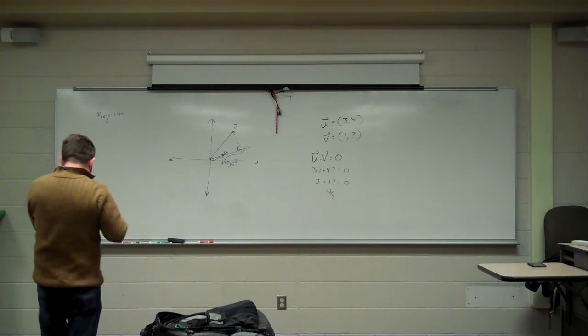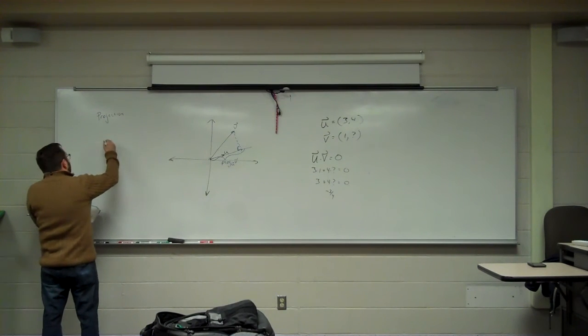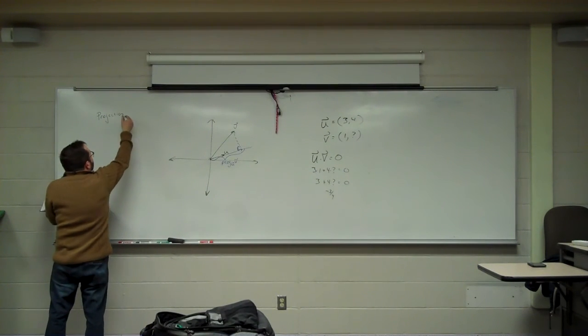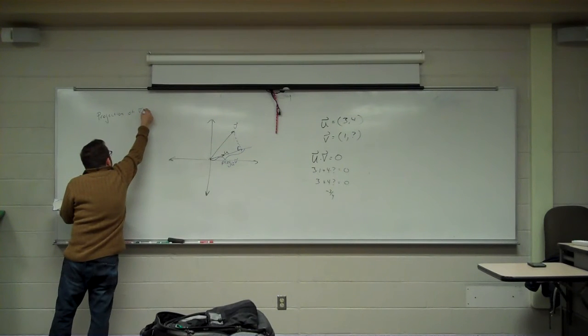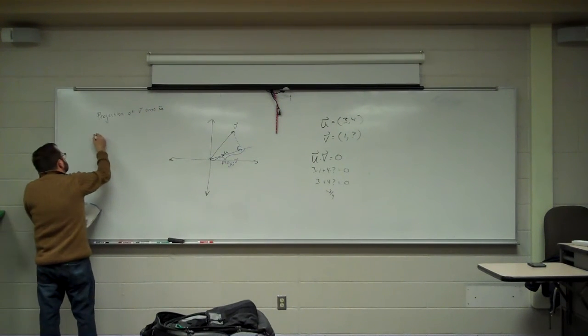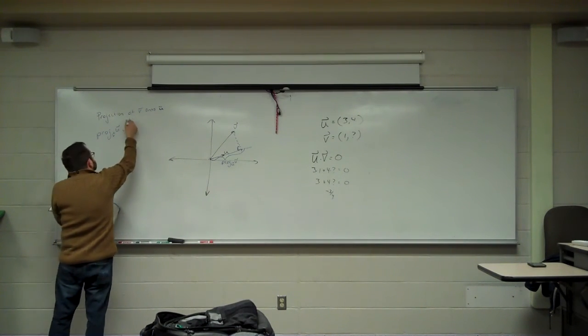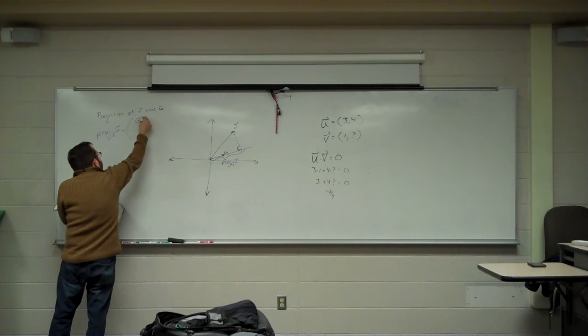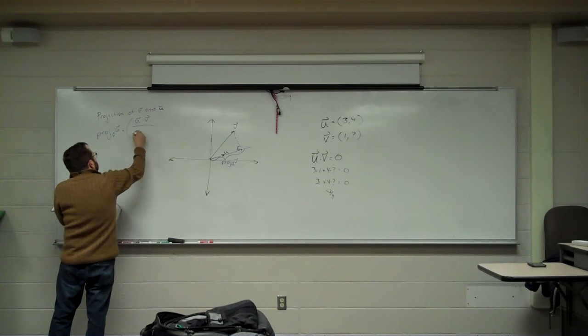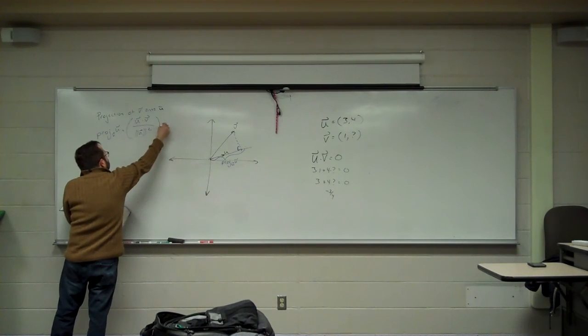Okay, let me be clear about this here. For the projection of V onto U, which is the other way around to what they have in the book, but we'll get there, would be written the projection of U onto V, and it's just U dot V over U's magnitude squared in the U direction.